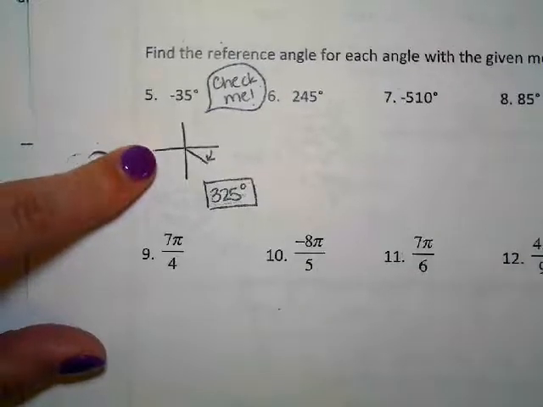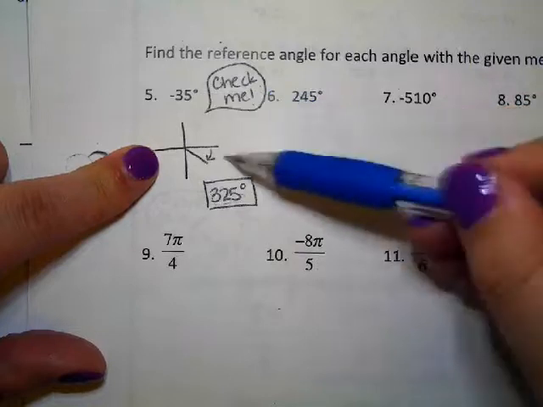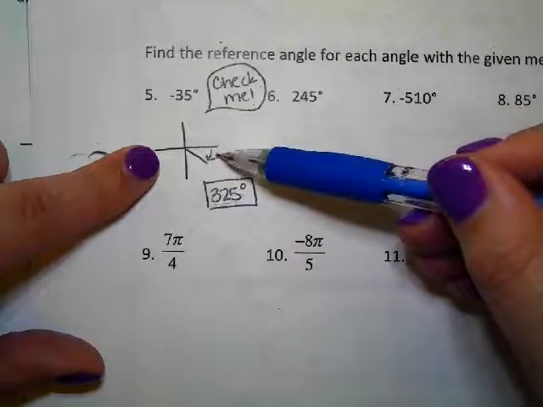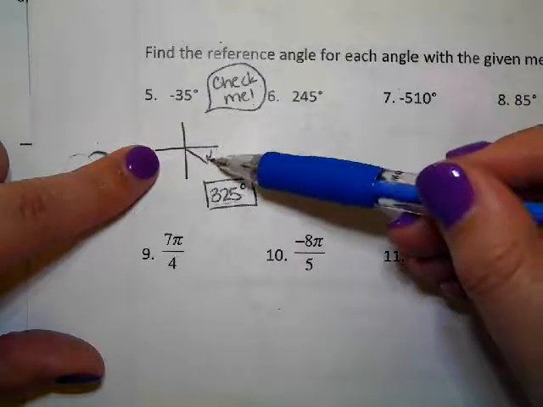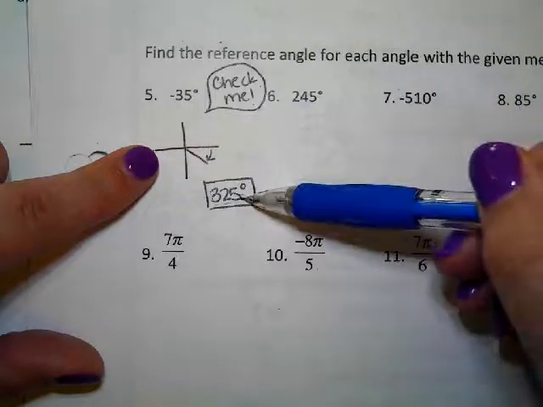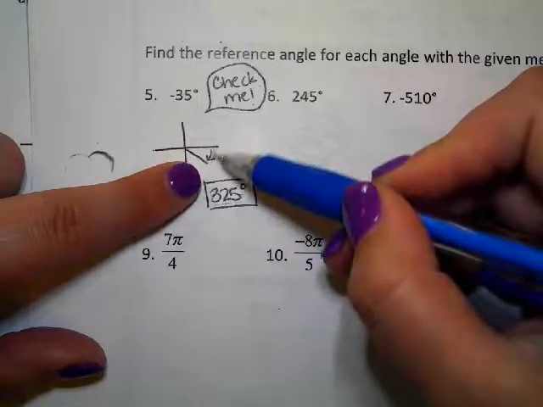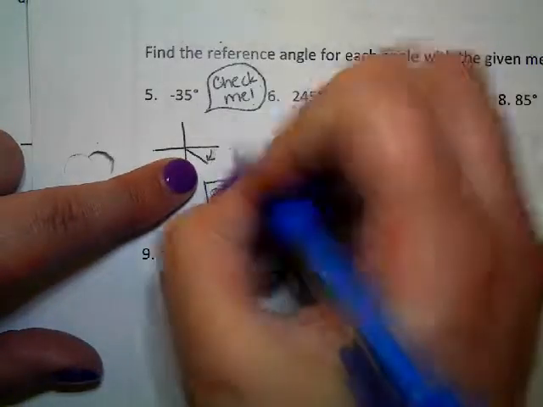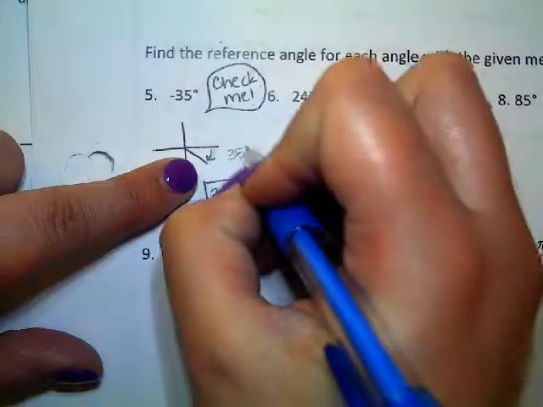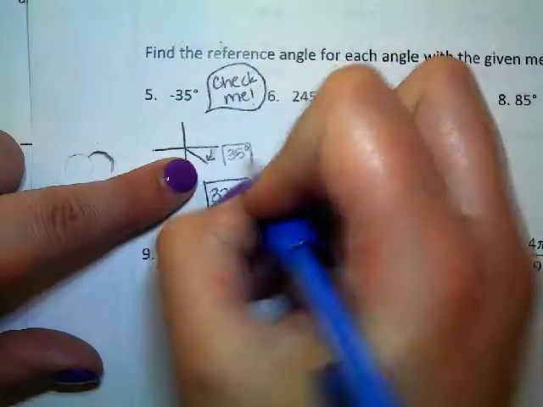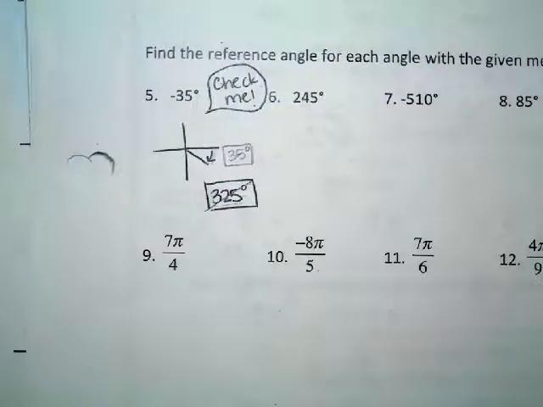So if we look in the packet and we're on this question and they drew a negative 35-degree angle, and you answer the question, how many degrees away are you from the x-axis? Is 325 degrees away from the x-axis accurate? No. How many degrees away am I from the x-axis? 35. So the reference angle, because it's a distance away from the x-axis, it's always positive.